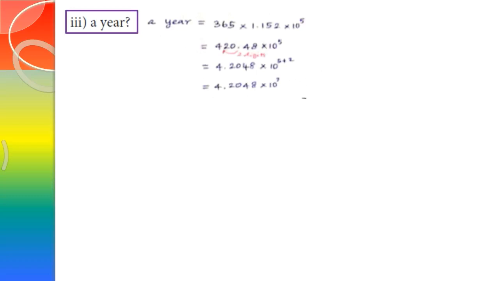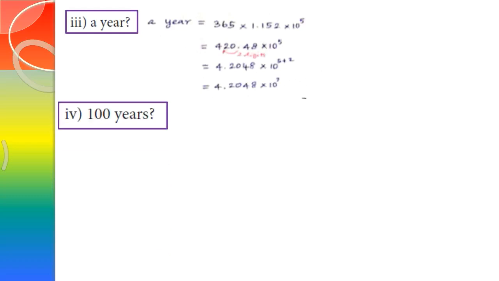So the answer is 4.2048 into 10 power, already we have 5, 2 steps forward move, so plus 2. So the answer is 4.2048 into 10 power 7.